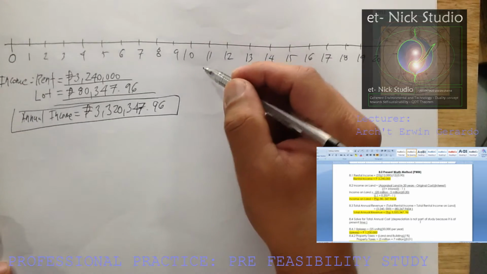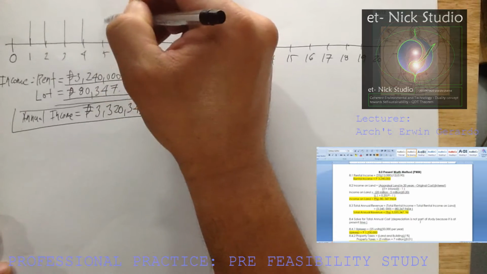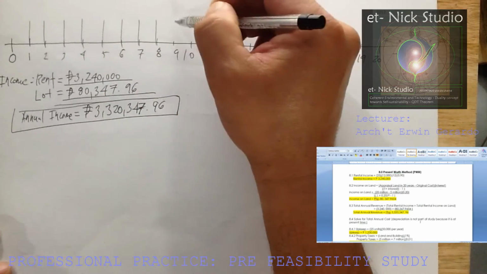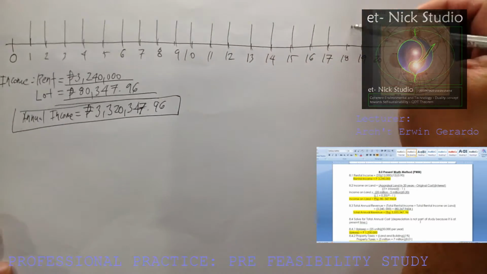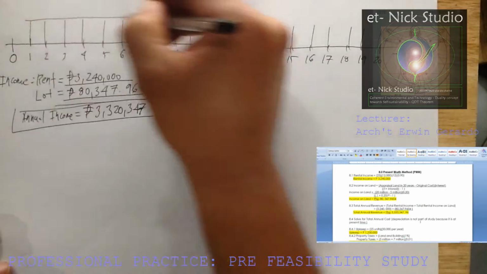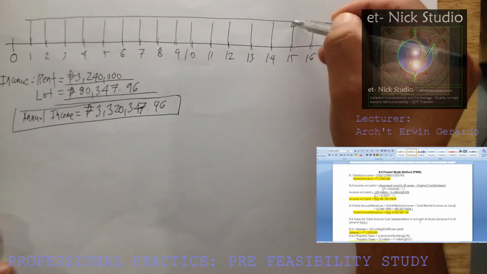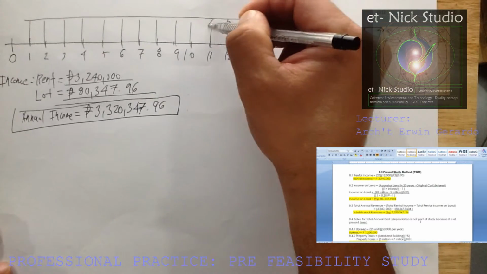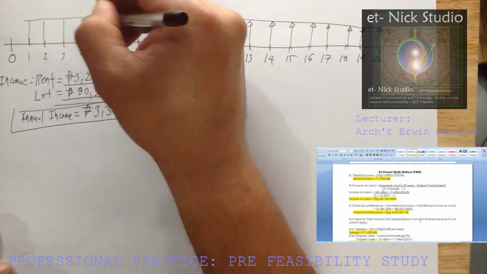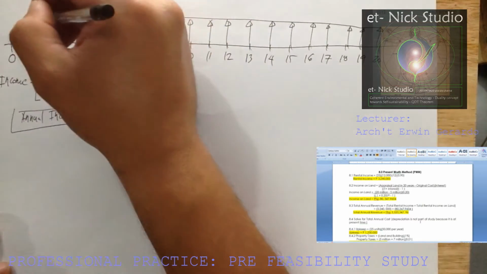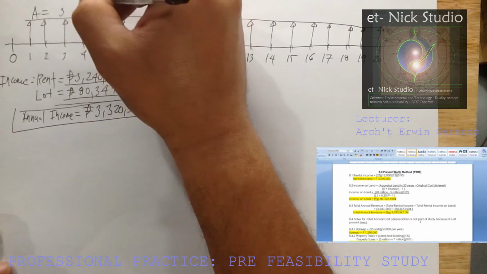So from here, you could see that the annual income, so all arrows are actually pointing upward. Because our annual income is the same all throughout, this is now what we call annuity.